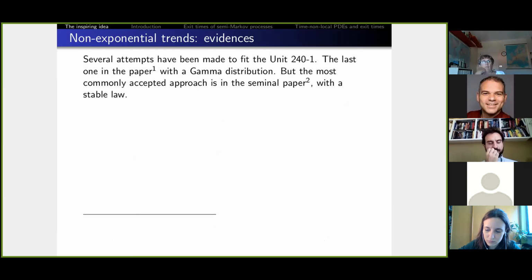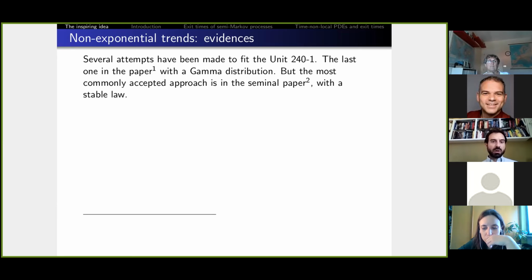There have been several attempts, and there are several approaches in the literature to fit this decay. Some are essentially based on the exponential function, which is in principle apparently not correct. Others on the gamma distribution, which is still an object whose decay is exponential.